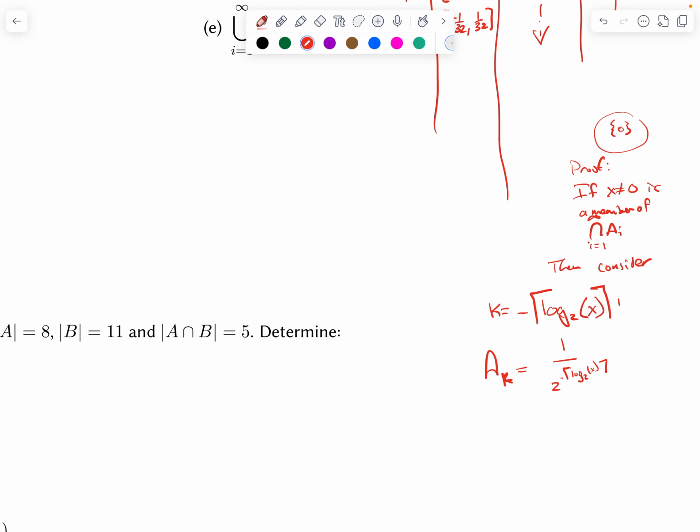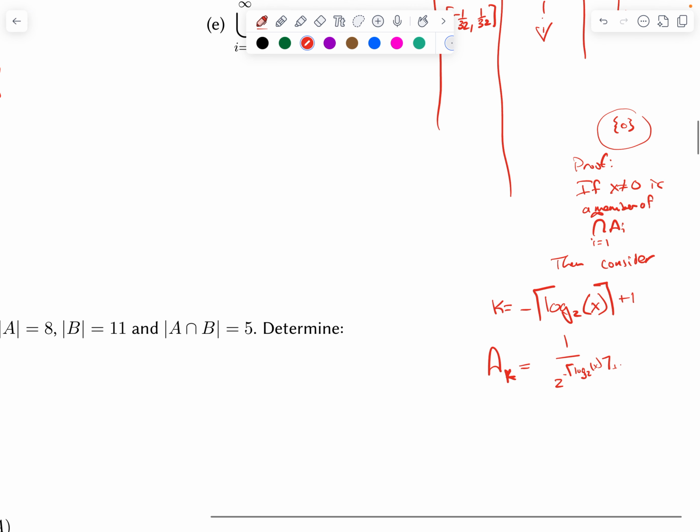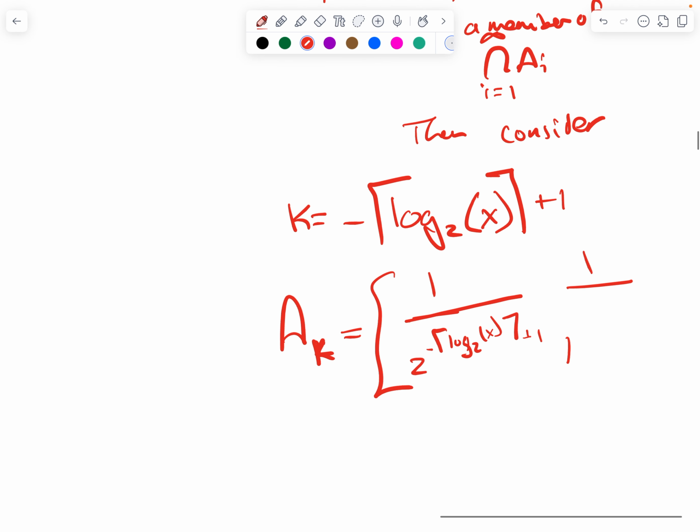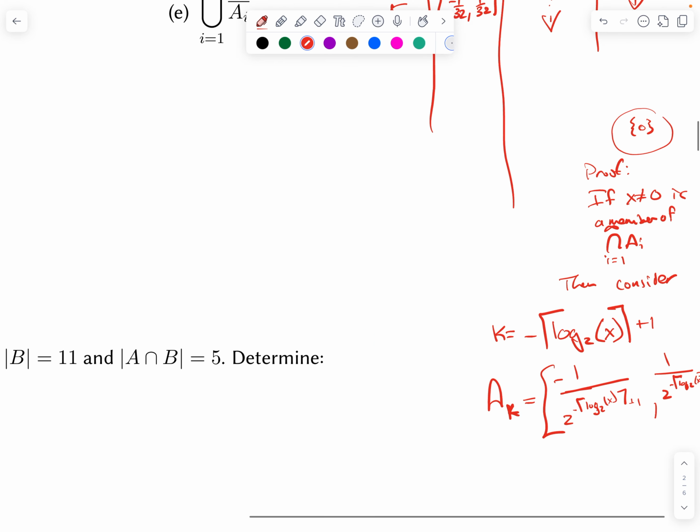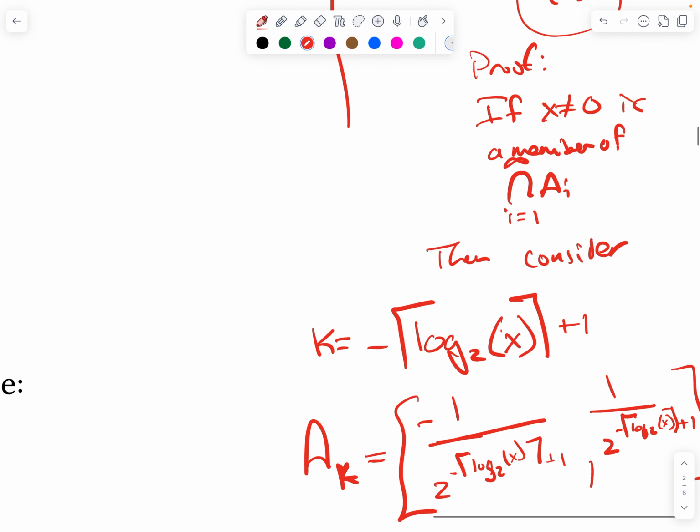We should probably add 1 to this. Yeah, plus 1. Sorry, it's such a mess. And I think this should be the absolute value of x in case x is a negative number.